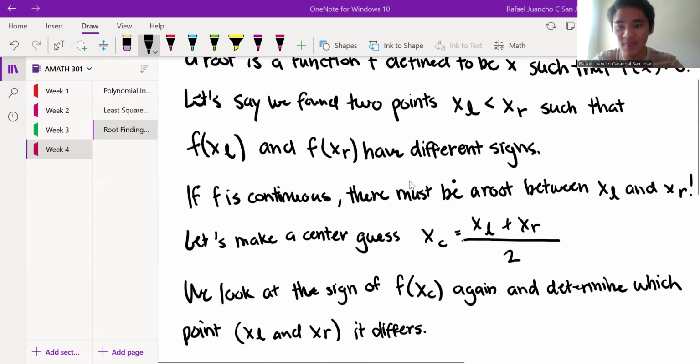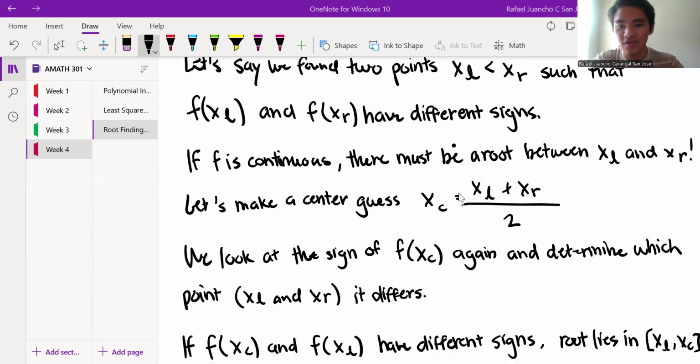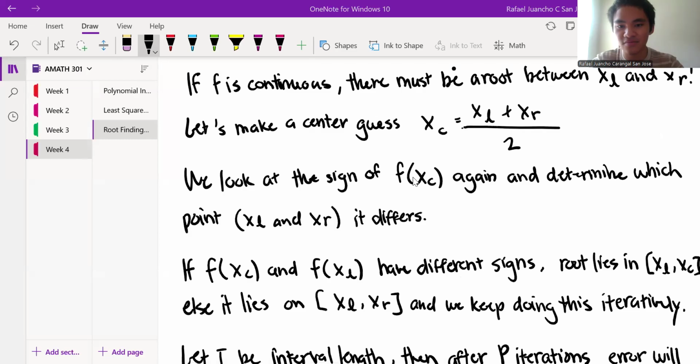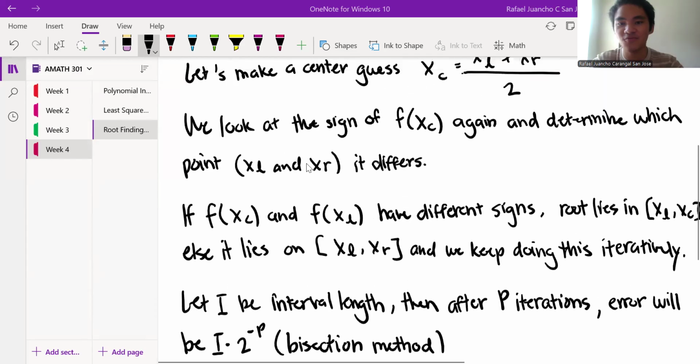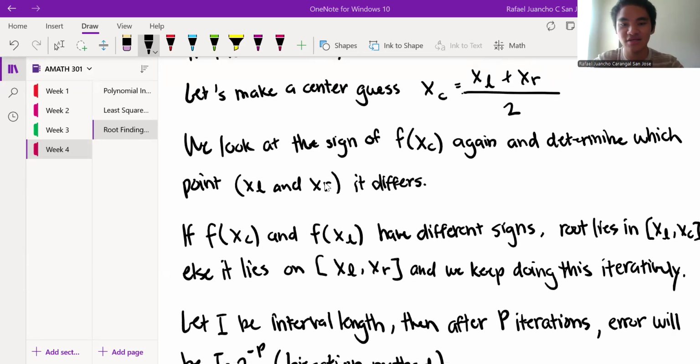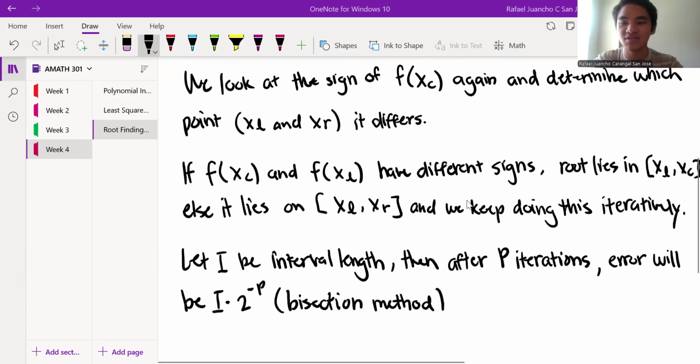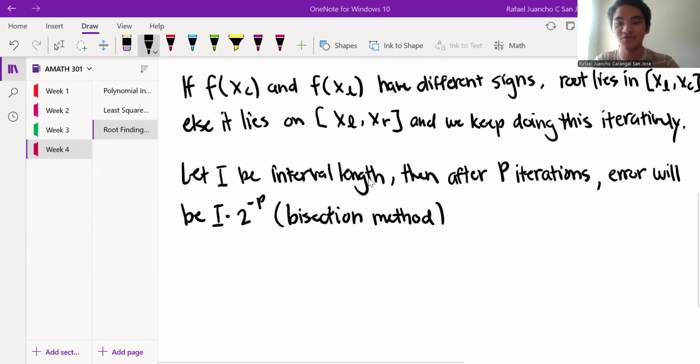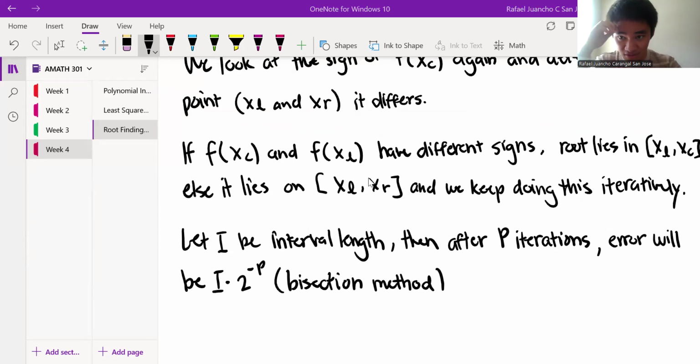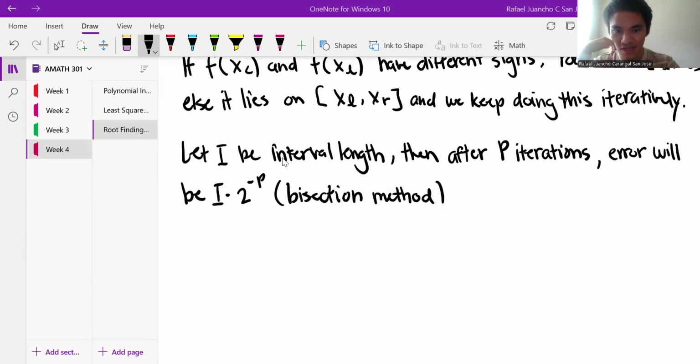Then I make a center guess, and then I look at my function and determine which of them differ, either XC and XL or XC and XR, and then we keep doing that again and again. We don't know how long we're going to be doing it, so I'm going to code it up using a while loop. Those are the interval lengths, and then we're going to multiply that by 2 to the power of negative p iterations. That's what we're gonna do.